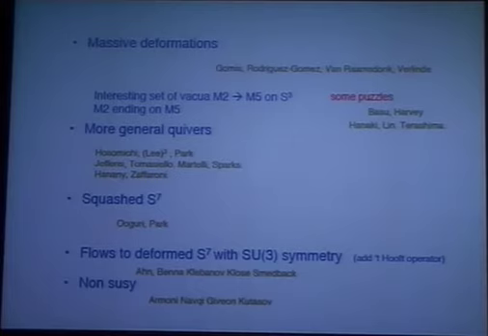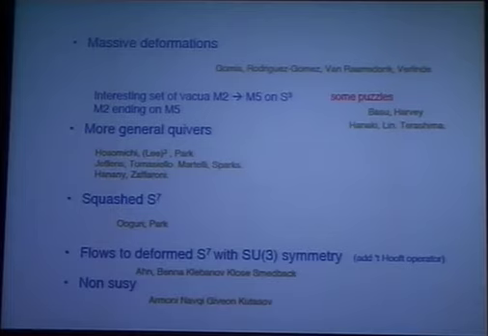You can also find the solutions describing M2 branes ending on M5 branes, which were originally thought about by Basu and Harvey, and were one of the motivations for trying to find this Lagrangian for M2 branes. In this case, you can find them explicitly.